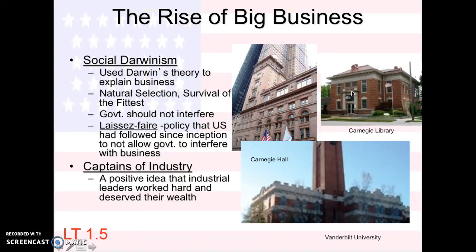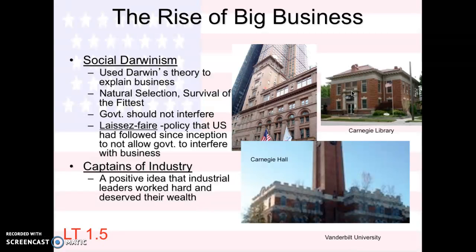All right, so some other things about the rise of big business. A lot of this comes down to the theory of social Darwinism, pretty much just talking about natural selection. This is Charles Darwin's theory. They use this theory to explain business. Basically, those who are going to survive will survive, like it's survival of the fittest. That the government should not interfere.